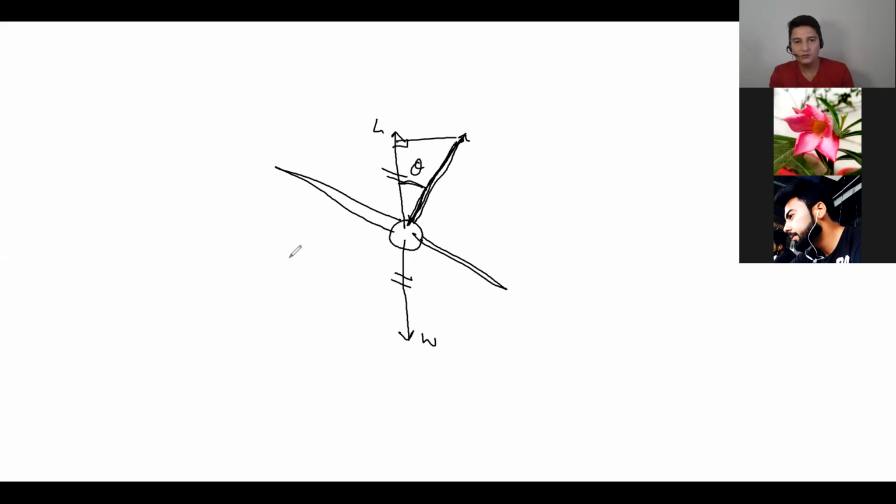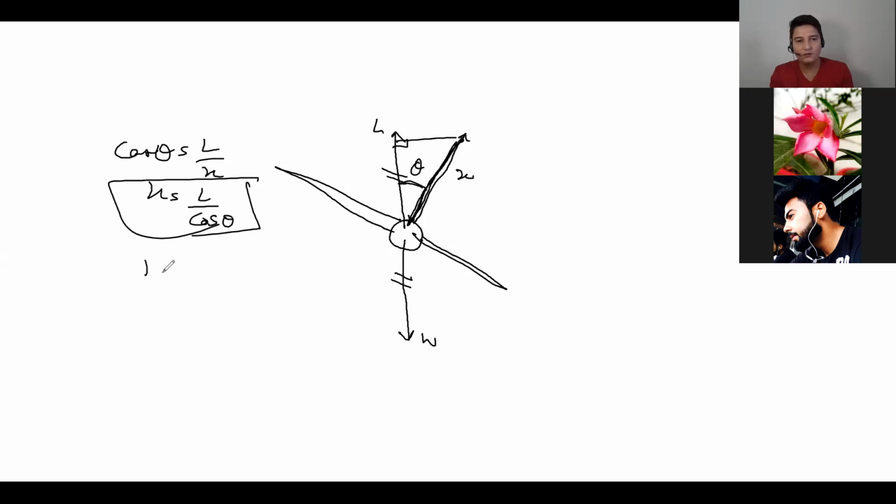This is a right angle, so we can call this x. So cos theta will be L upon x, and x can also be called L upon cos theta. When you put this in the formula of load factor, lift upon weight, where lift is L upon cos theta and weight is L, we divide by L. L and L cancel, and 1 upon cos theta is the answer.